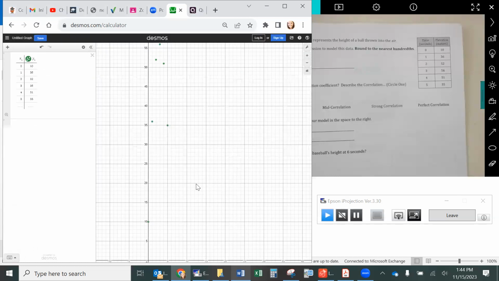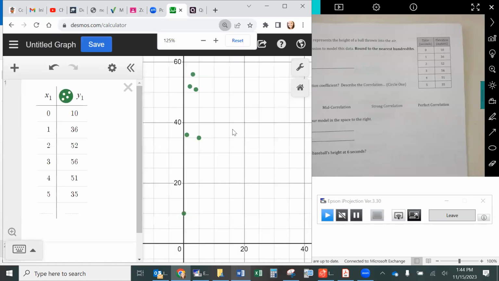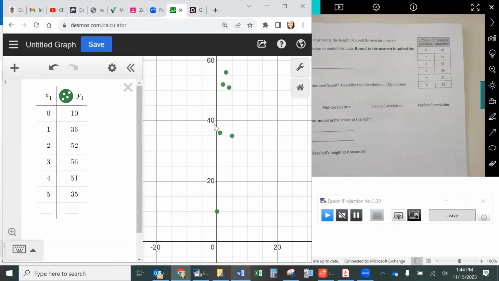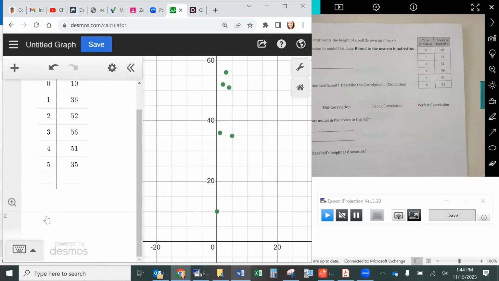Okay, and then if you look at your dots here, you can see that they go uphill and then they go back downhill. Okay, uphill and then downhill. They go up and then down.